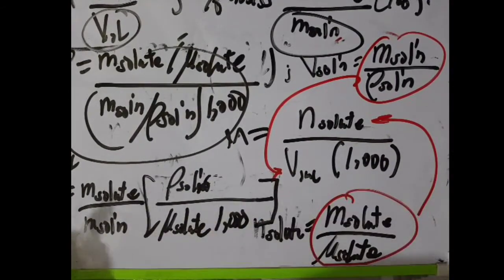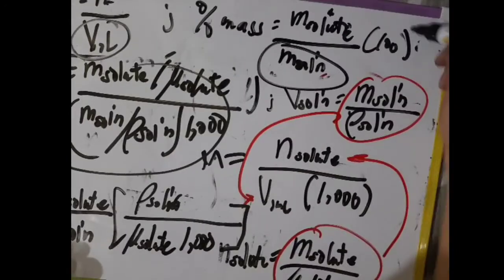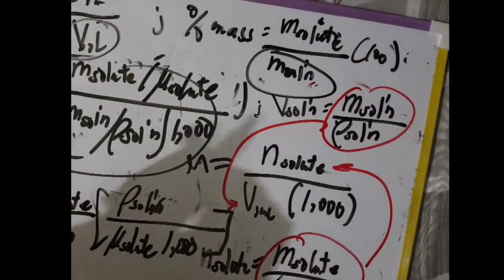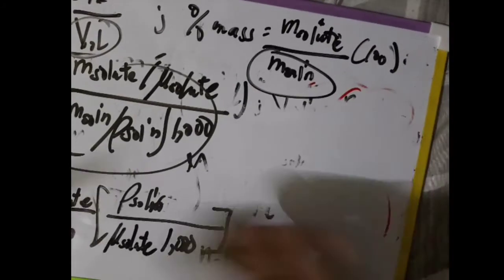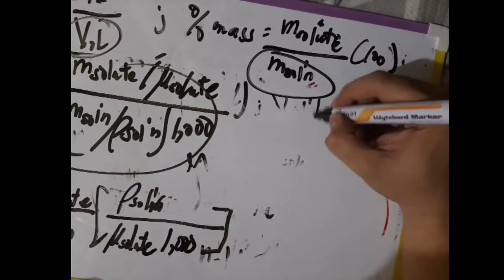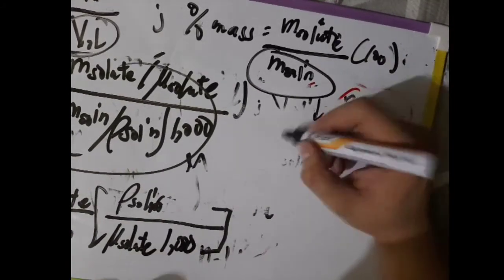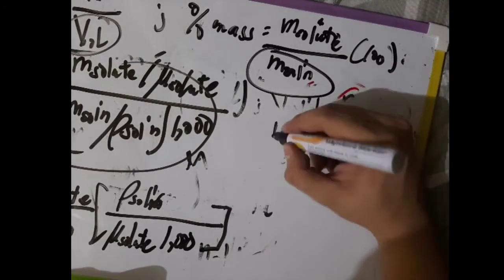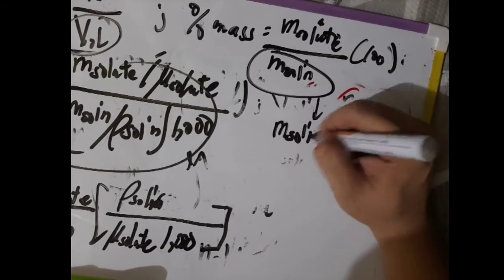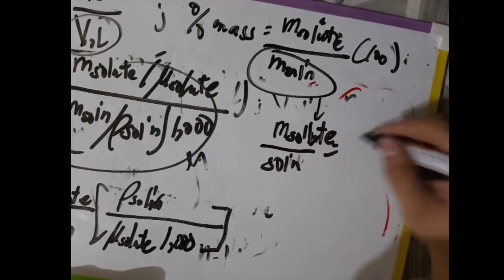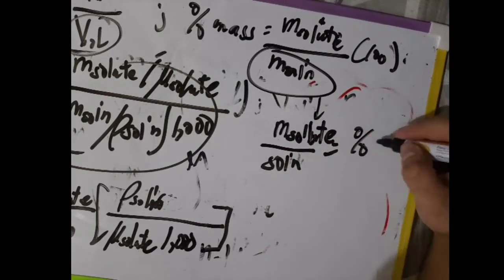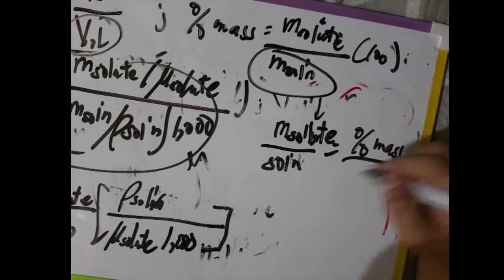Okay? Now, we have seen here that the ratio of the masses between the solute and the solution is equal to percent mass divided by 100.